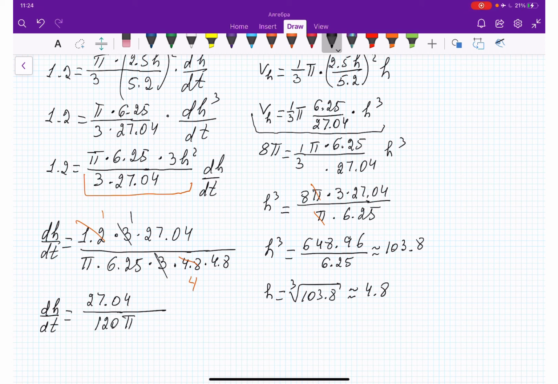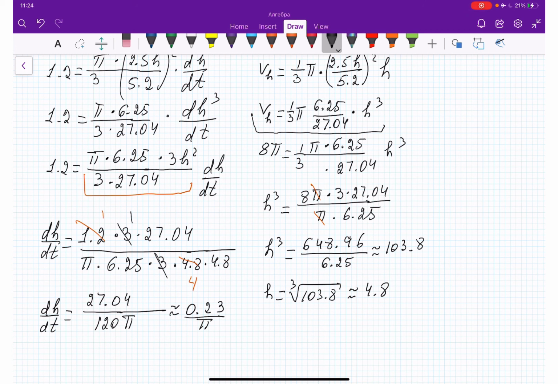So 27.04 divided by 120, we are getting approximately 0.20, hold on. Yeah, 0.23 over pi.